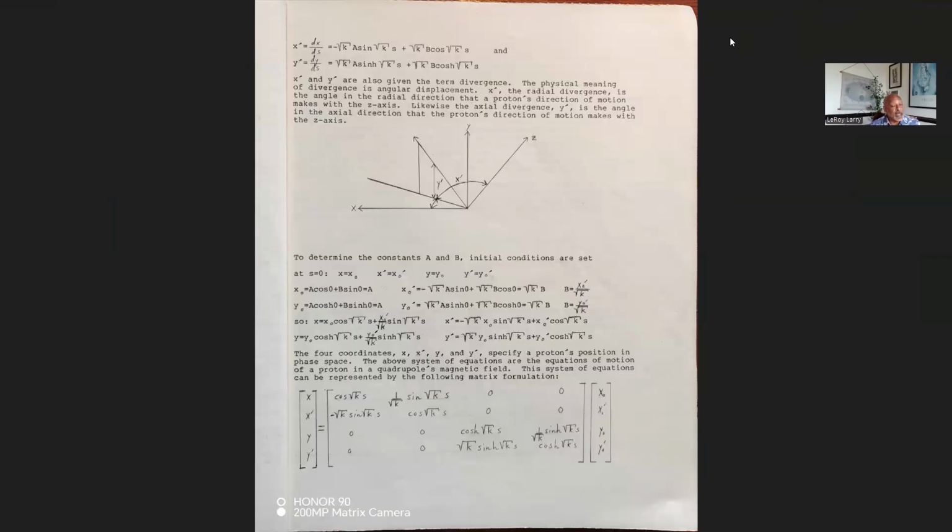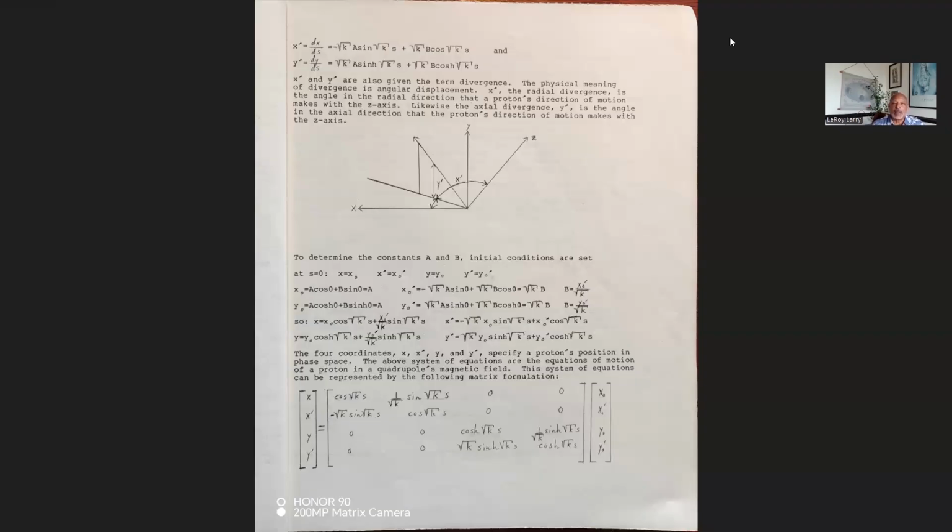Now, you remember when I said that in physics, to know where an object is, whether it's a proton, whether it's you or me walking down the street, whether it's a black hole, you need to know the position and the velocity. All right, so we got the position, X and Y. We need to know what you'd call the velocity in phase space, okay?